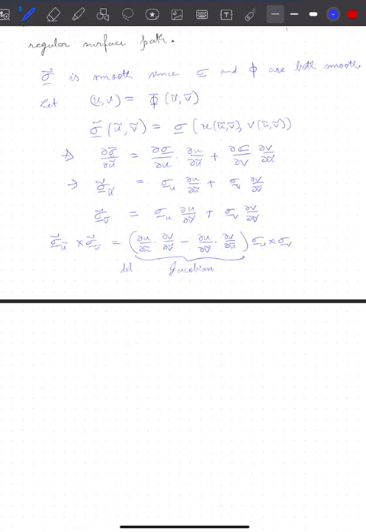It is the determinant of the Jacobian, where the Jacobian J of phi is the Jacobian of the mapping between U tilde and U. So we have U by U tilde, U by V tilde, then V by U tilde, V by V tilde. So this is the Jacobian.